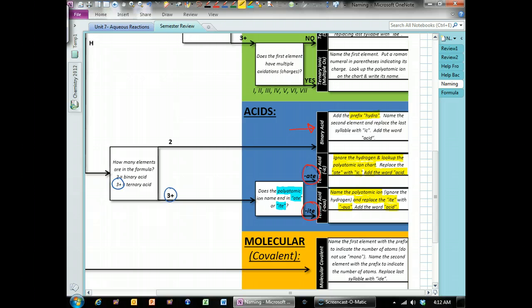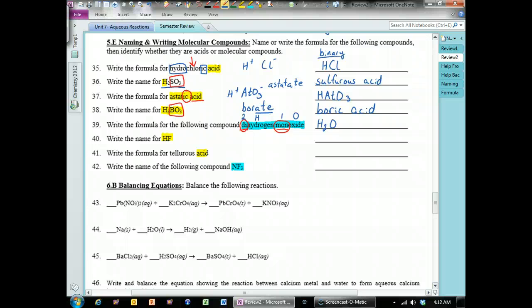So hydro, name the second element, which is fluorine, except we're going to replace the last syllable with ic. So hydro, fluor, ic, and then add the word acid. Hydrofluoric acid. Hydro tells us it's binary. Fluoric acid.